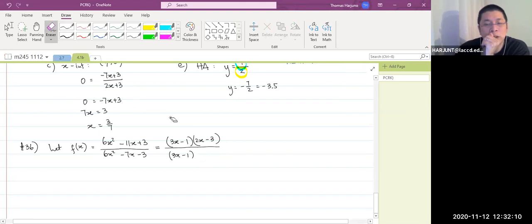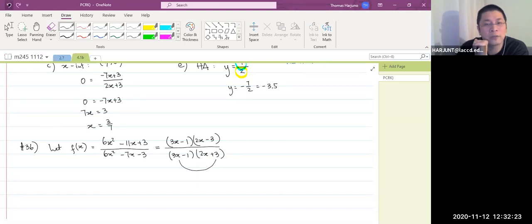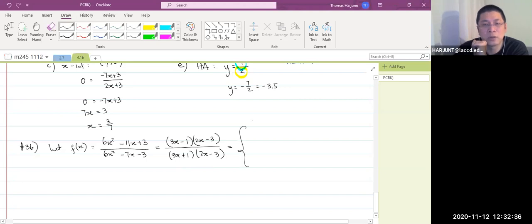It should be 2x plus 3, so that's positive 9 minus 2, that's positive 7. Oh, no, I want negative 7, so let me change the sign. This becomes plus here and this becomes minus. We can simplify this. The simplified version, f star x, has 2x minus 3 cancel. I get (3x minus 1) over (3x plus 1).